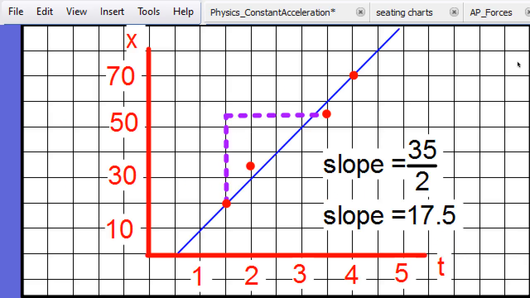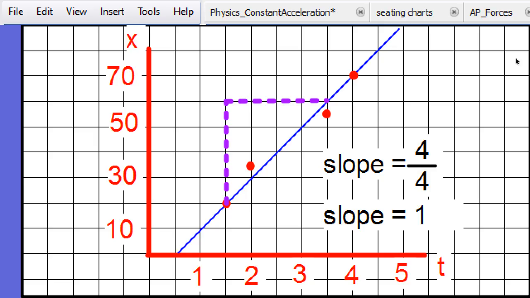I have chosen 2 points, and I find out how far up I go, 35 meters, and I found out how far over I go, 2 seconds. Find my slope is 17.5. Wrong. Why? Well, because I used 2 data points and not the best fit line, where what I want is the slope of the best fit line.